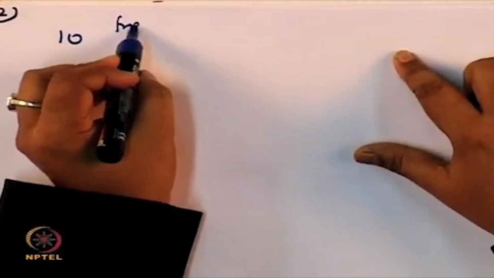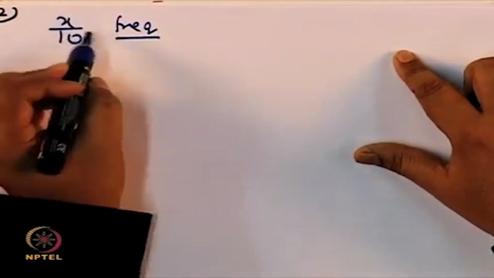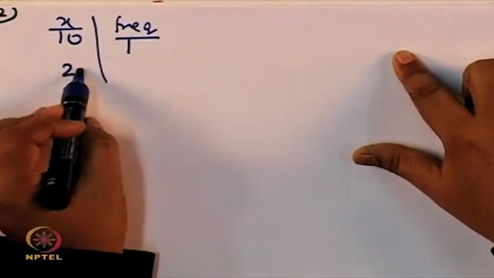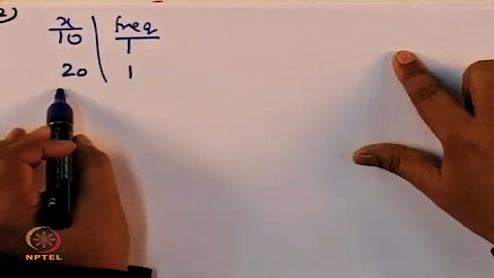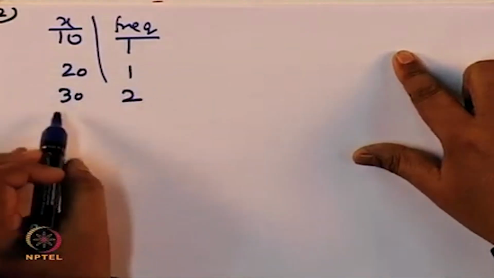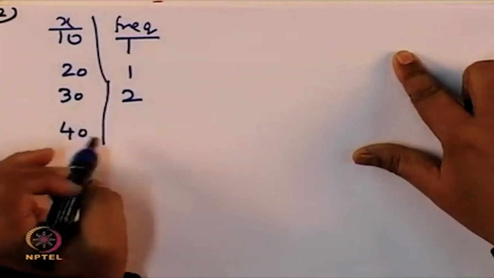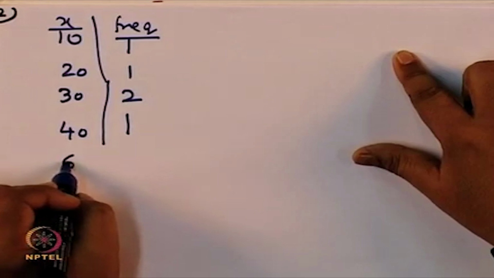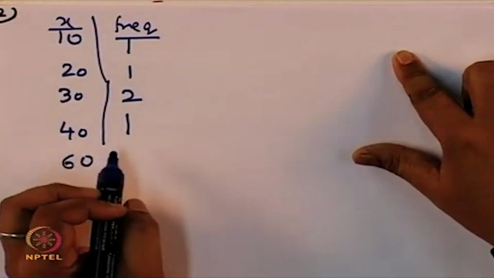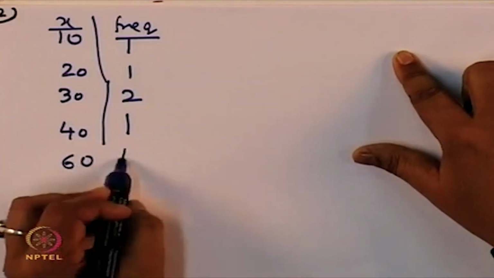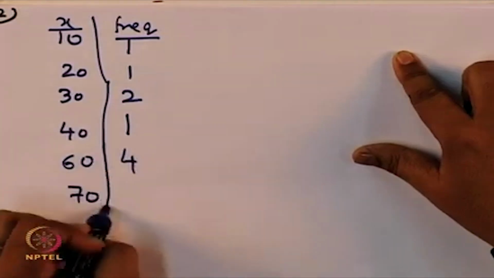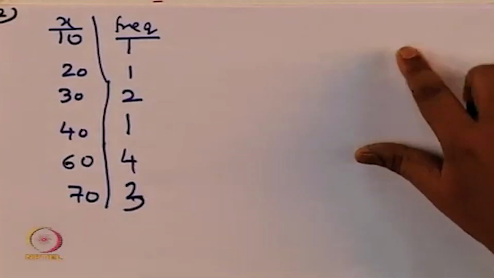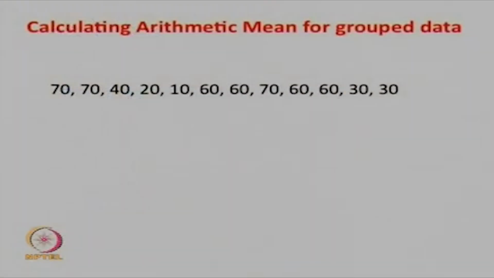By frequency, these are my x values: 10 has been repeated once, 20 once, 30 twice, 40 once, 60 has been repeated 4 times, and 70 has been repeated 3 times. So, these are discrete values which are repeated.